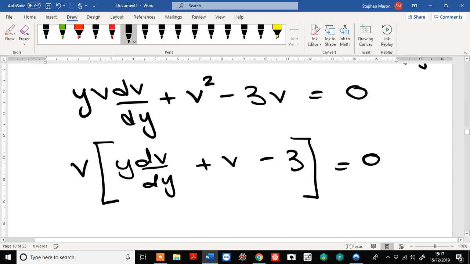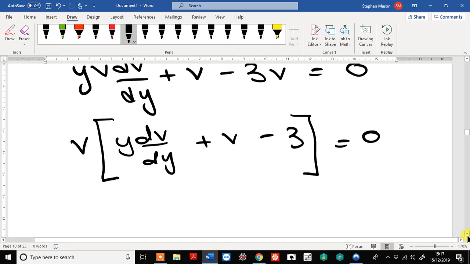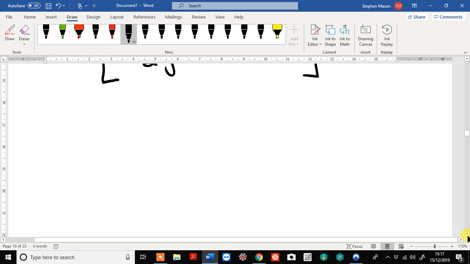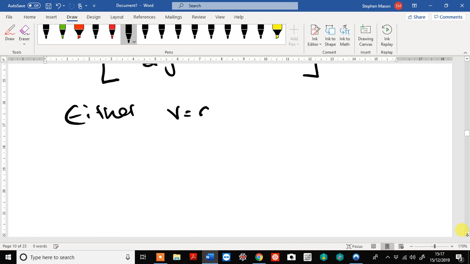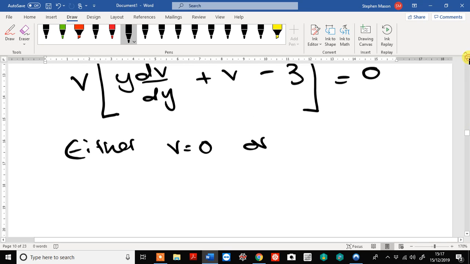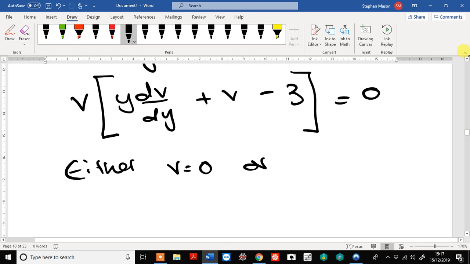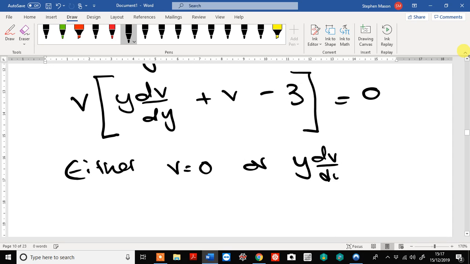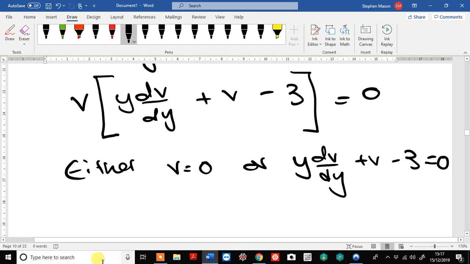Now, we've got a very basic solution, v equals 0 there, because either v equals 0 or y dv by dy plus v minus 3 equals 0. They can't both be 0, but either that has to be 0 or that has to be.